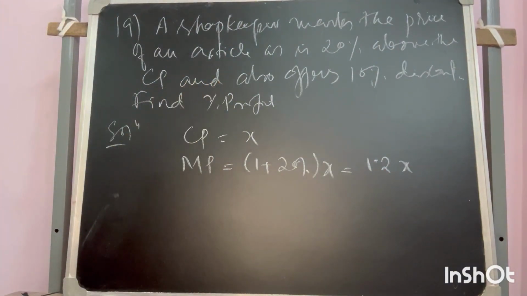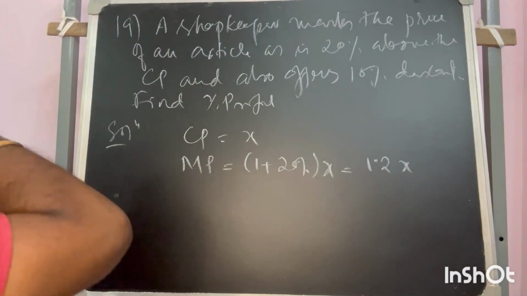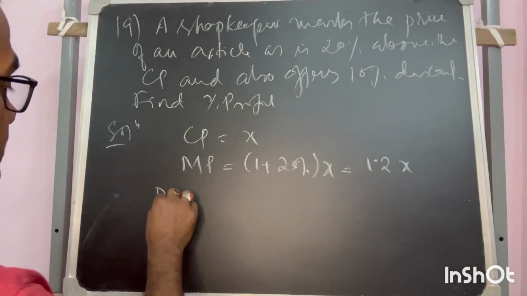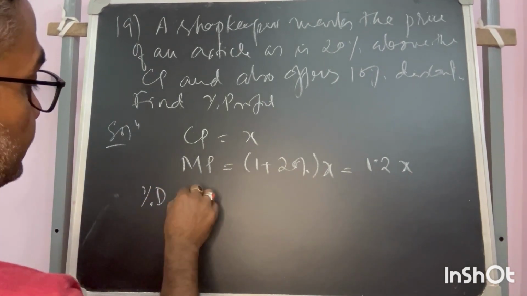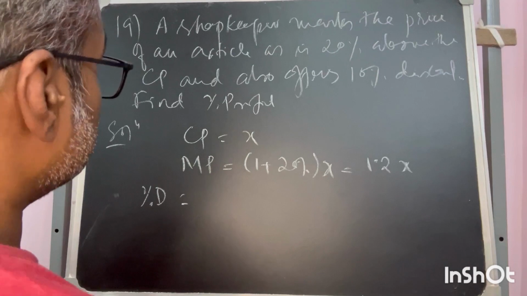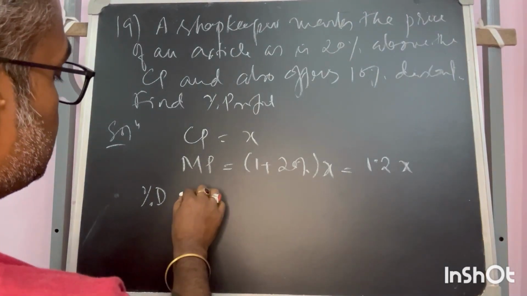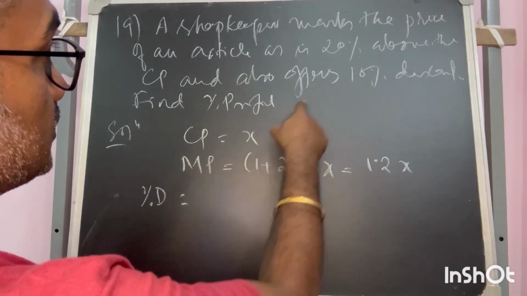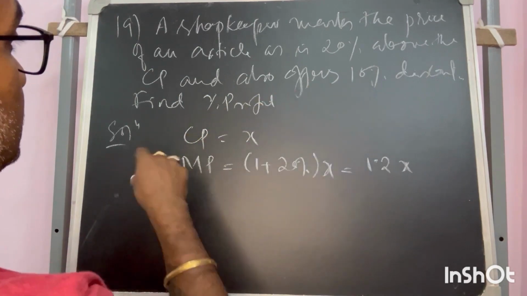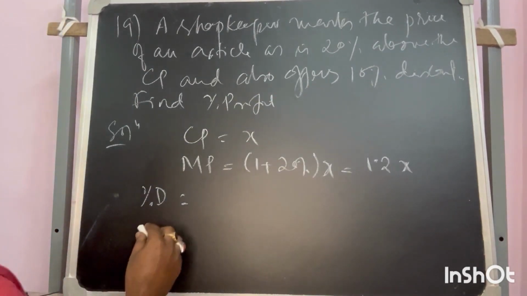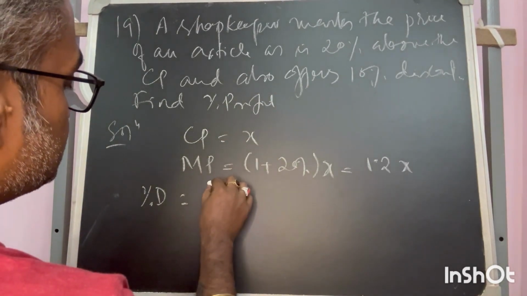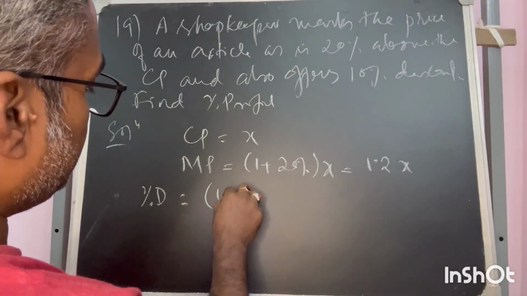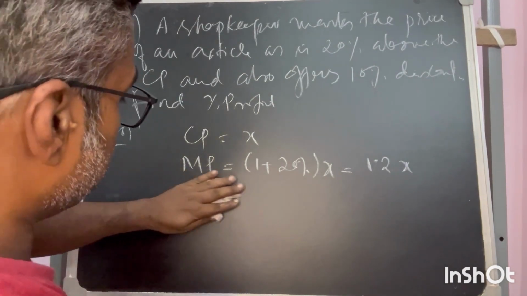So he is giving a discount of 10%. So what is the profit? So from the marked price to cost price to selling price, this is the marked price, with a 10% discount, and then we need to calculate the profit. So the discount is based on 1 minus D, so this is the relation.